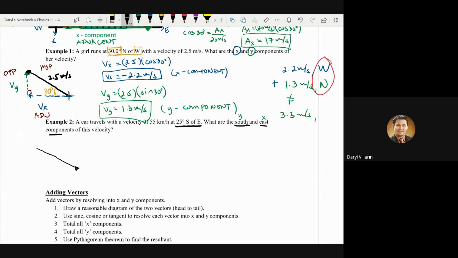Sometimes it's helpful to just place your vector in a proper location, and that's good enough. So southeast is in the fourth quadrant. And the angle of 25 degrees is south of east, so that means the 25 degrees should be measured from east. So the 25 degrees is here, okay?